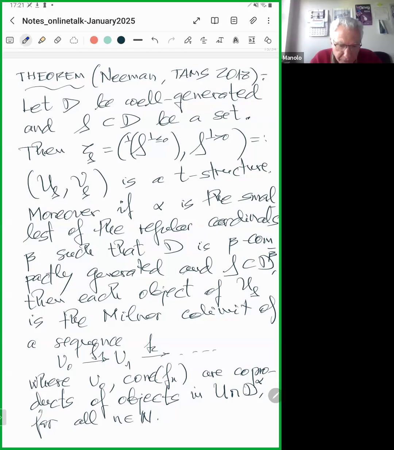So you take any set of objects, and then the ambient category should be well generated.